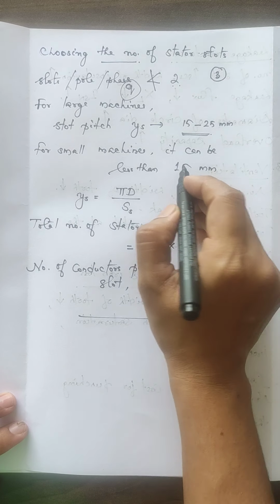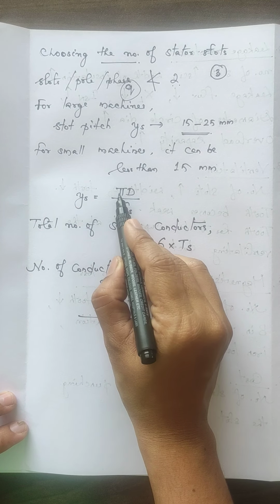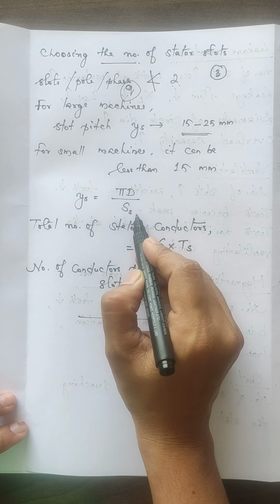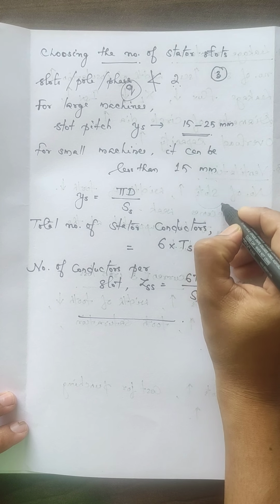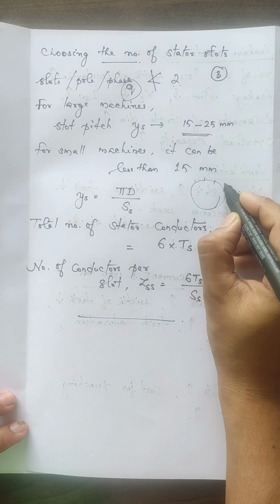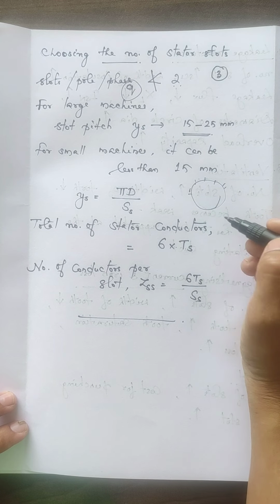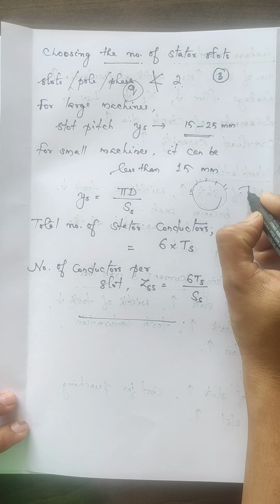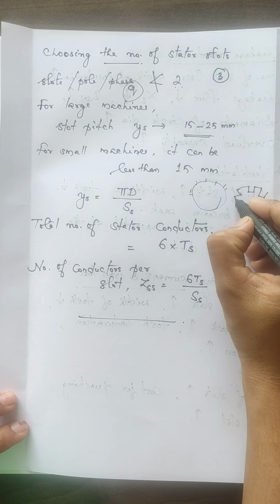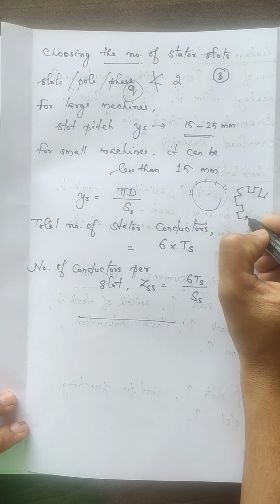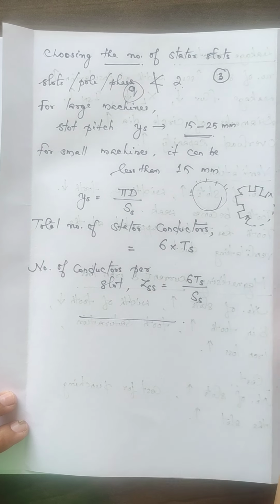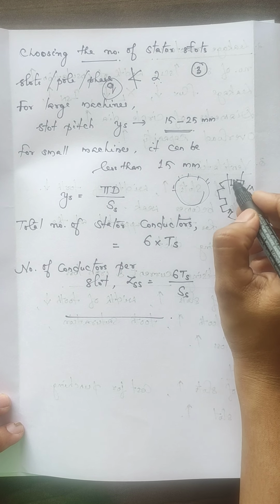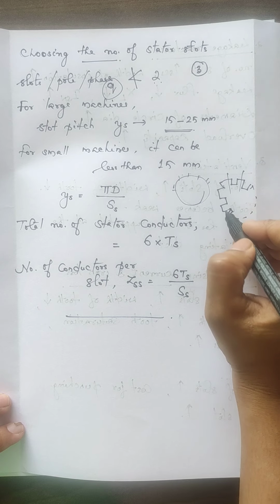What is the equation for slot pitch? Slot pitch is pi d, that is the circumference of the stator, divided by the number of stator slots. To get the distance between two adjacent slots, we divide the total circumference by the number of slots.